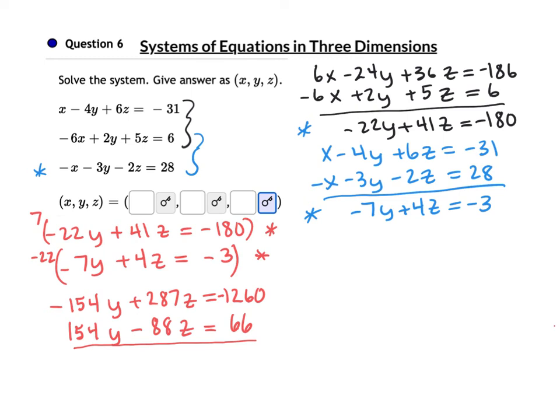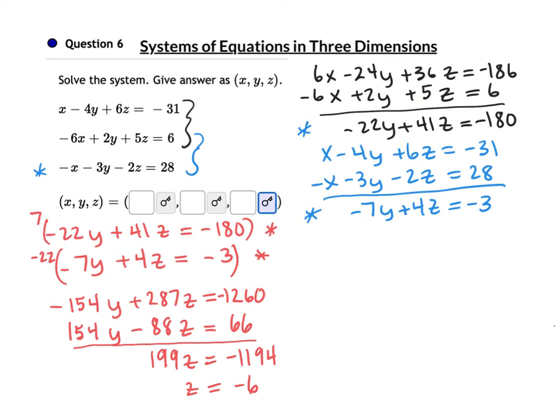So here we are, we're going to add. The y's drop out. We get 199z equals a negative 1260 plus 66 is negative 1194. Divide by 199 on both sides and we get negative 6.